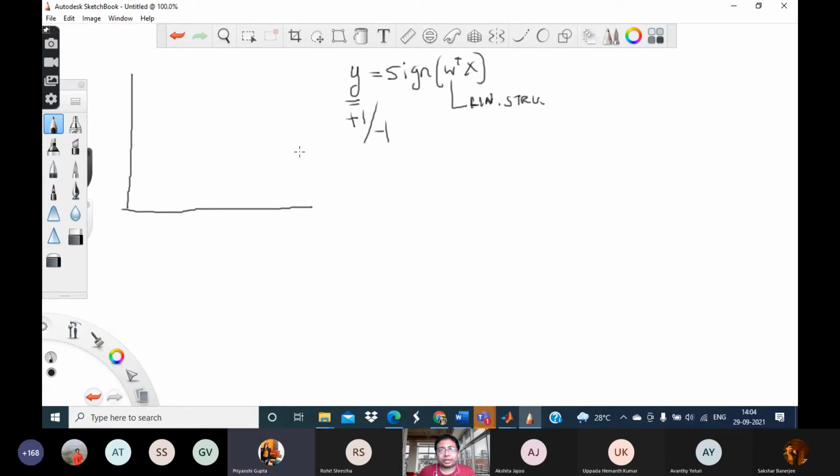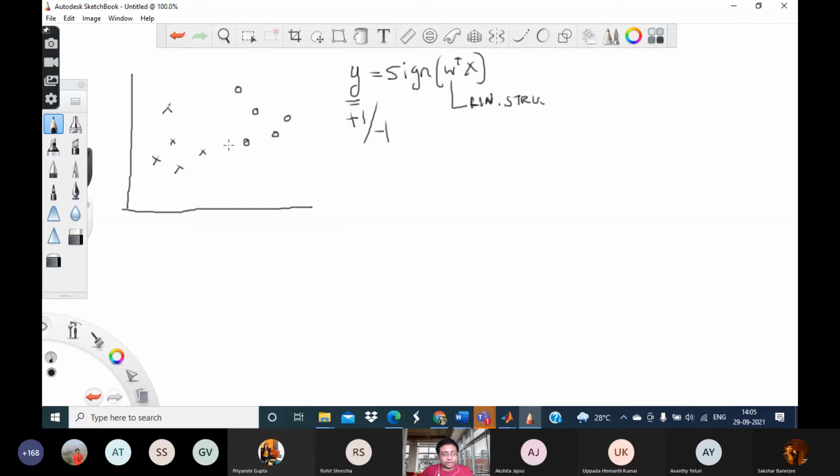If the data set is linearly separable, which means that there exists a linear structure which separates the data points of the two different classes, then we say that such a data set is linearly separable. For example, this kind of a data set, as you can see quite clearly, is going to be linearly separable.